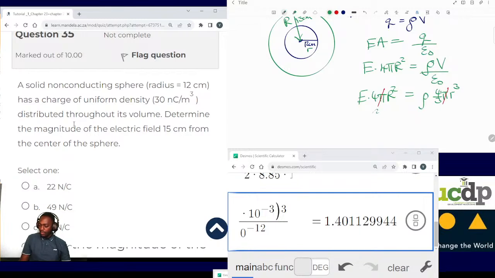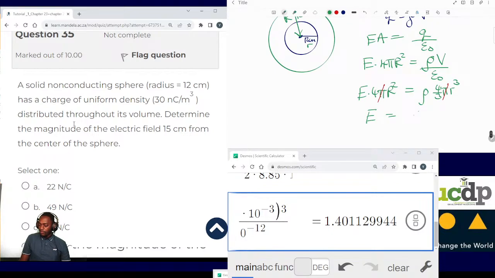So E now becomes equal to rho, which is, what's the value? 30 nanocoulomb, which is 30 times 10 to the negative 9 times 4 over 3 times 0.12 cubed all over 0.15 squared.